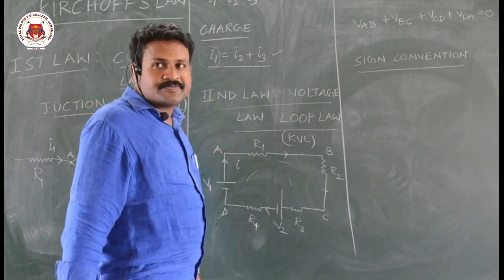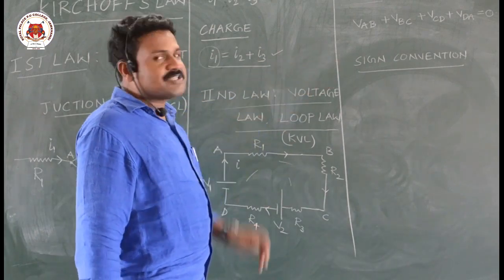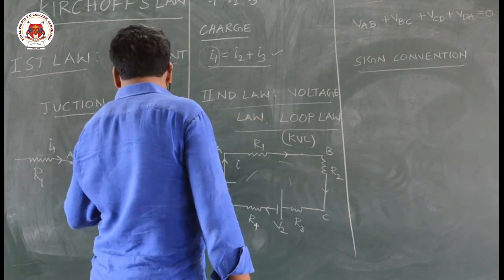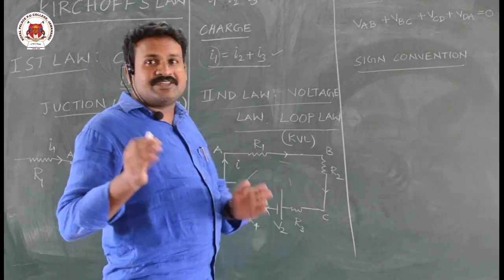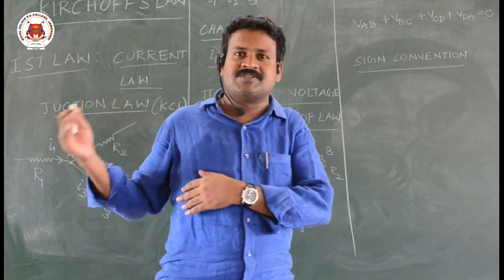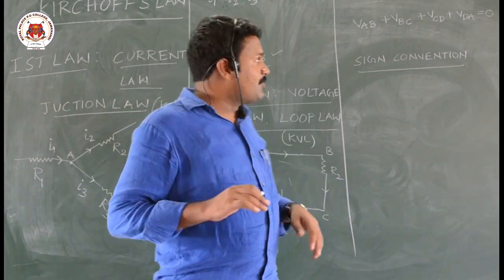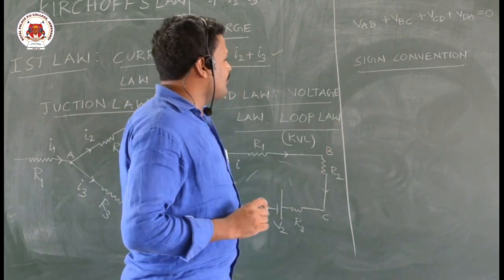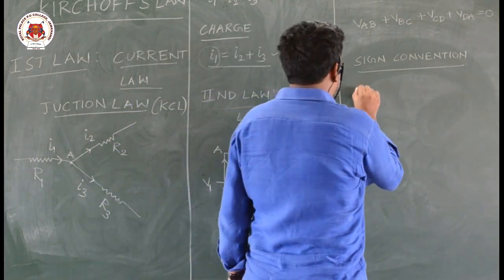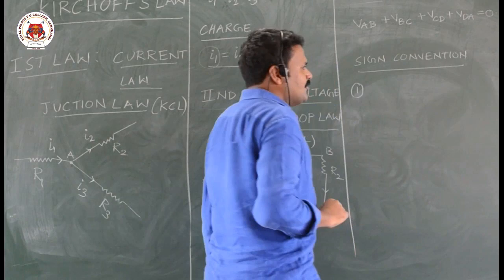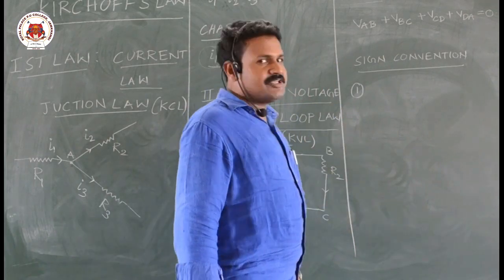But here, how to apply this? For that you have to remember the sign convention. In case of the first law we already discussed, current entering the junction I have taken positive, current leaving the junction I took negative. But here the sign convention is, if you remember only one word, then you can remember this sign convention very easily.